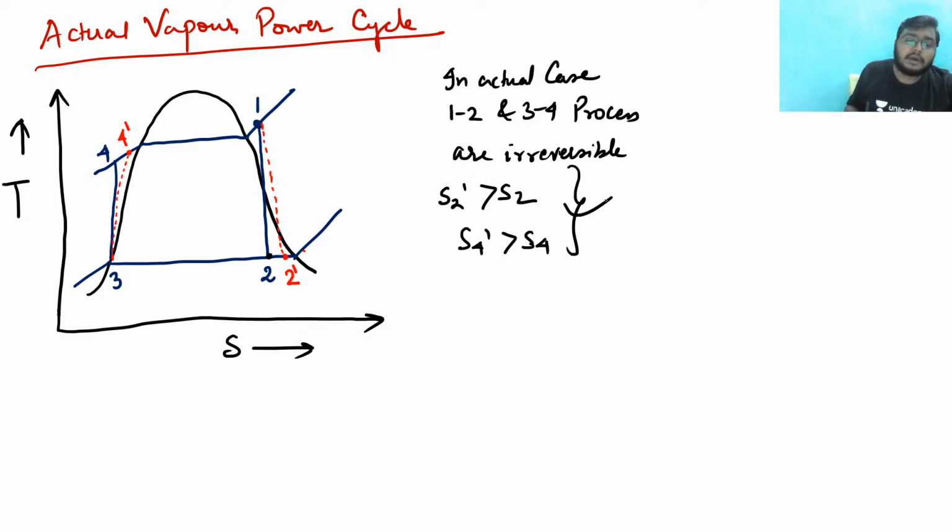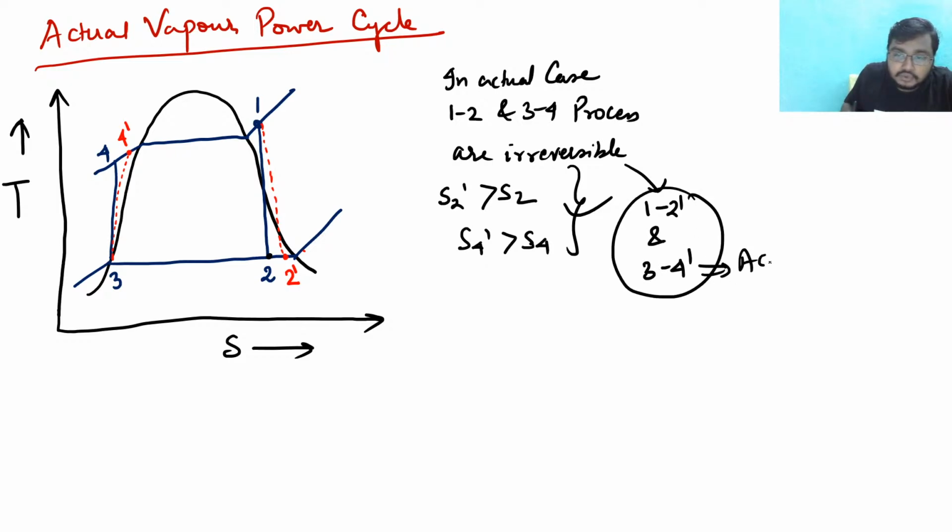So if it is an irreversible process, entropy increases, and hence this is the actual figure. In the actual case, 1 to 2 and 3 to 4 are irreversible, and hence 1 2 dash and 3 4 dash are actual.